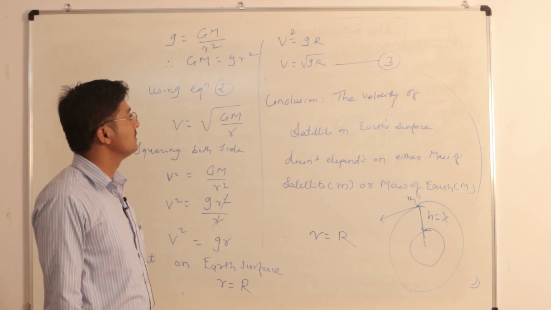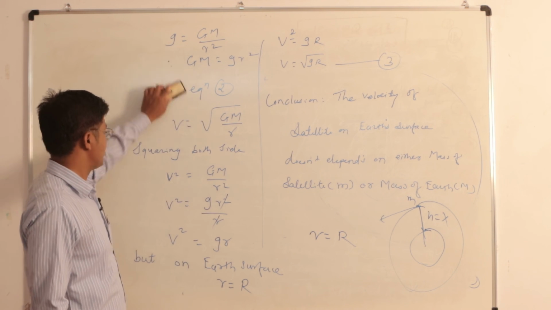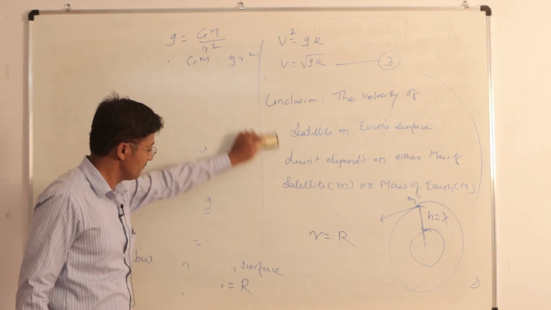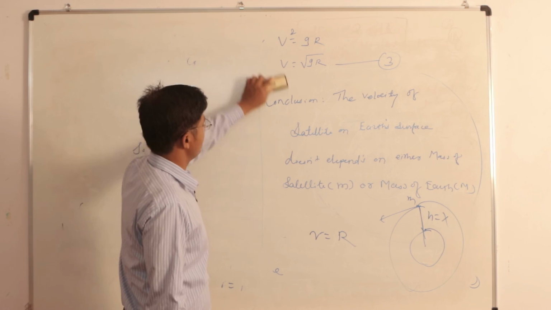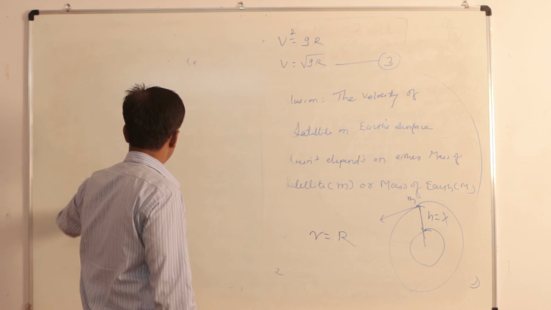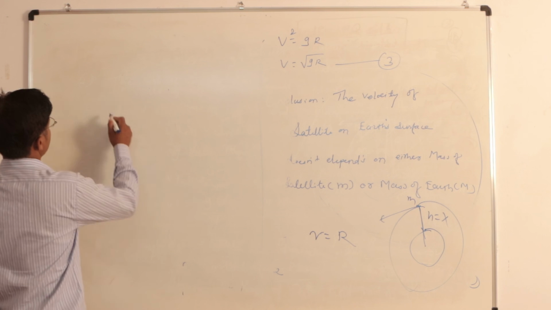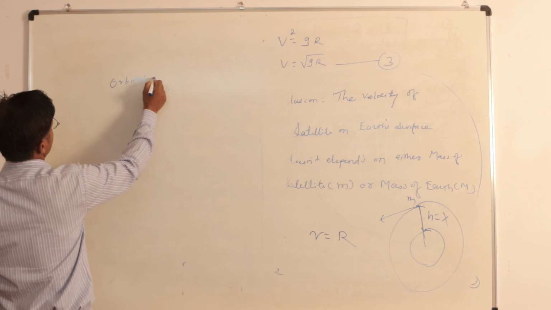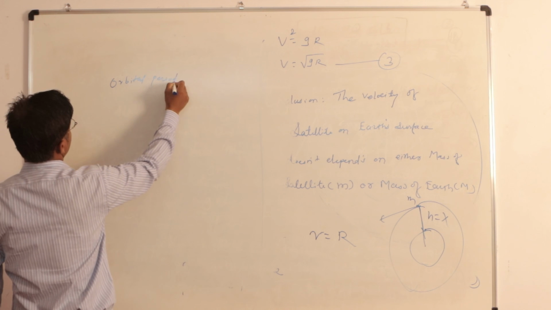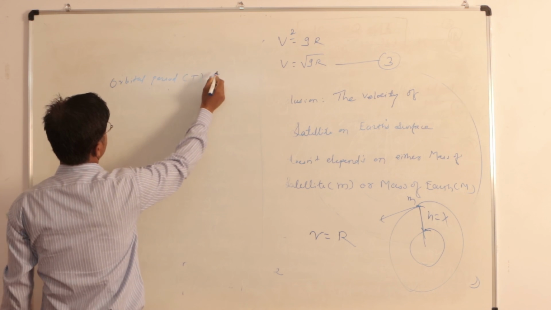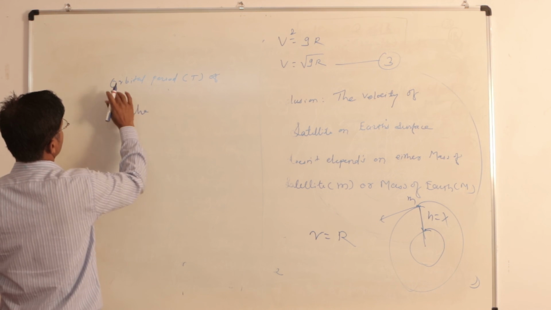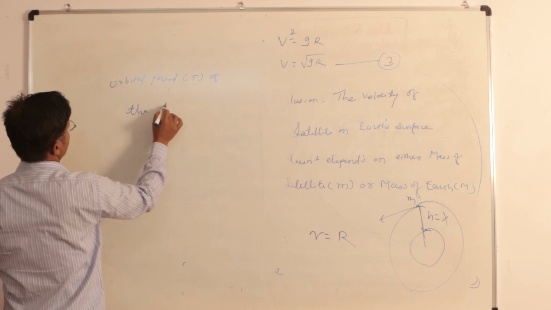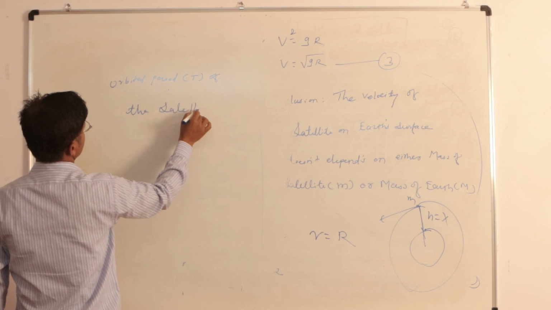So in next lecture we will find out what is the orbital period. So just give headline, the orbital period capital T of the satellite around the earth.